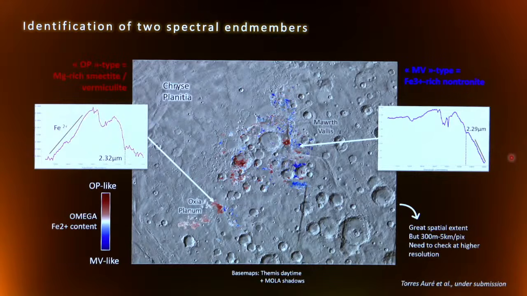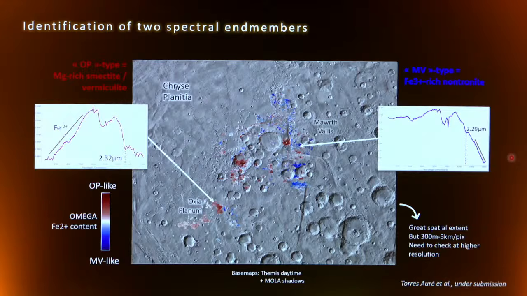And actually in Mawrth Vallis, the plateau we were studying is at lower elevation than in the Oxia Planum region, and we find this kind of plot. So in Mawrth Vallis, we find deposits all the way down to the top in the plateaus too, and in Oxia we have no evidence of the MV type of clays below delta catchment elevation.